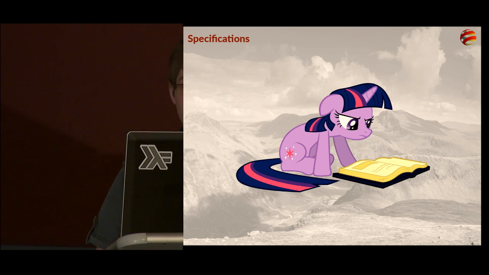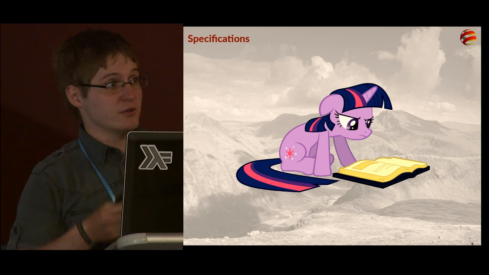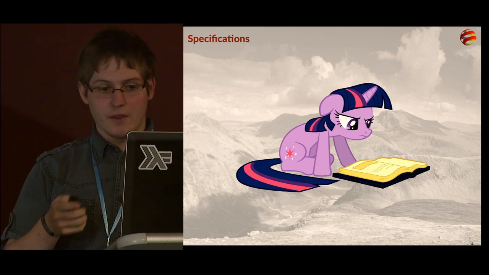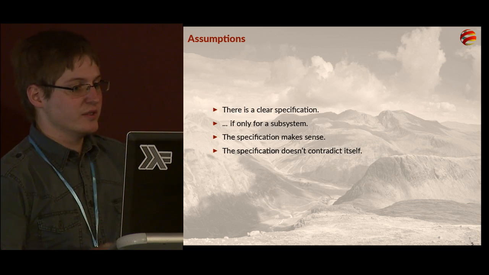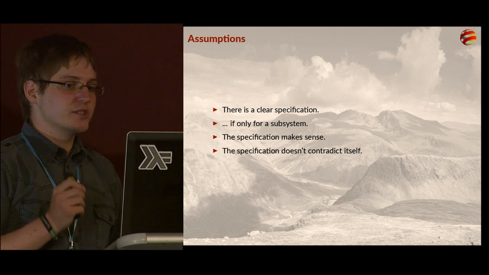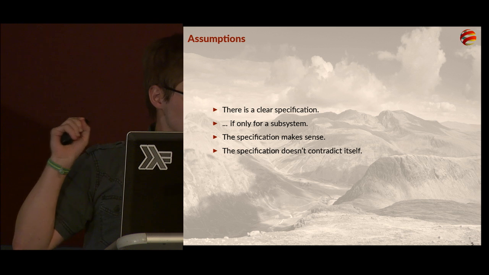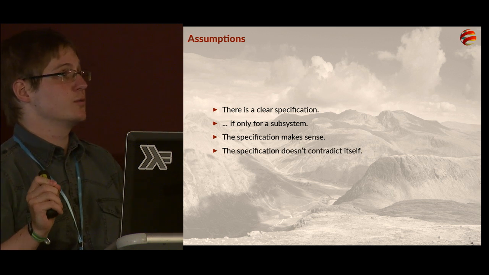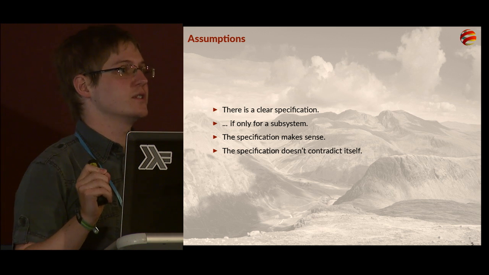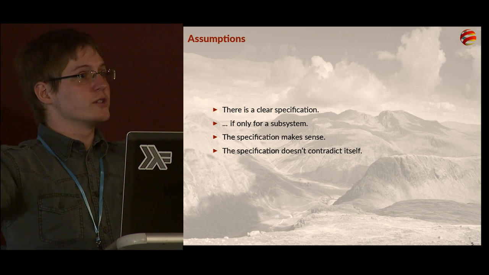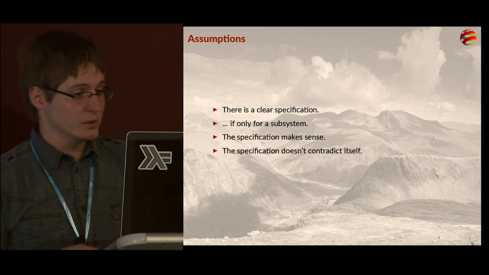So for this talk, however, I'm going to make an assumption, and I'm going to justify this assumption later on when I'm done. The assumption is that there's a clear specification, if only for just a subsystem. For example, if we are given the task of implementing a sort function, I'm going to assume that we have at least a specification of what the sort function is supposed to mean, even if the broader context of the sort function is not yet known.